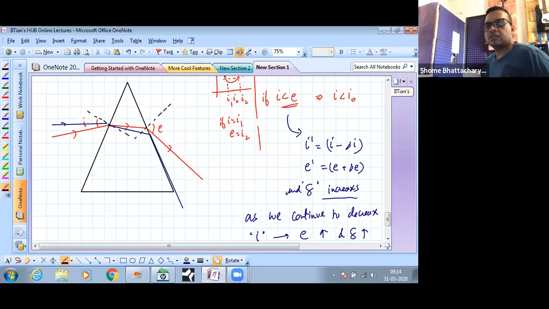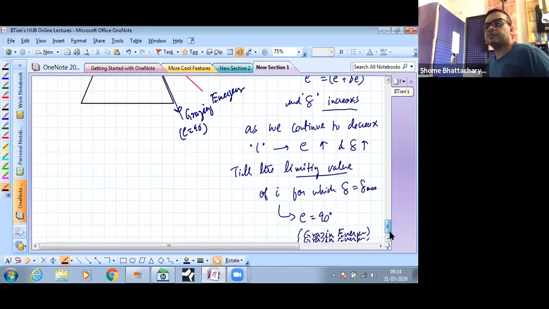So this will become that limiting case where we have what we call grazing emergence, or e is equal to 90 degrees. Okay. So that gives me the maximum deviation.